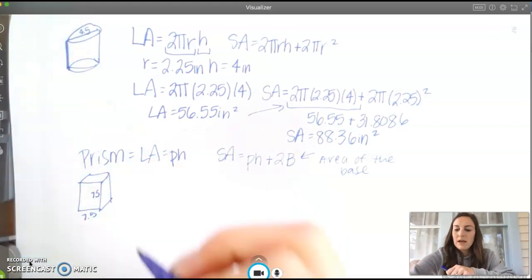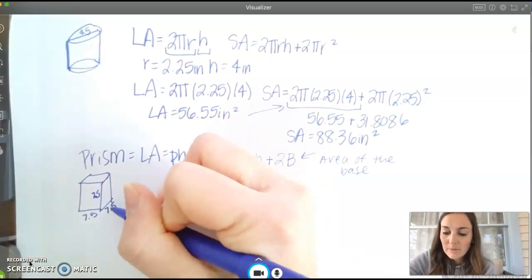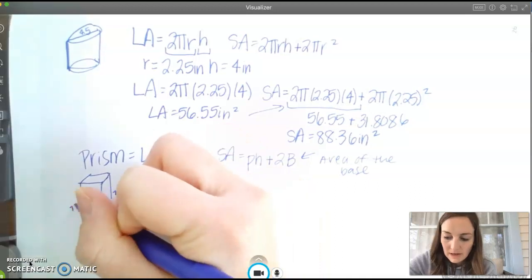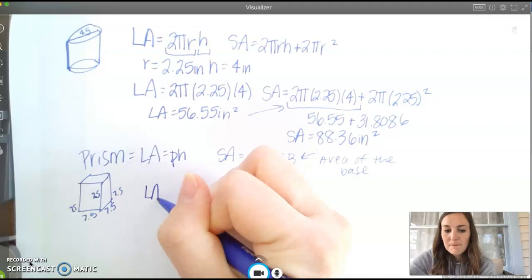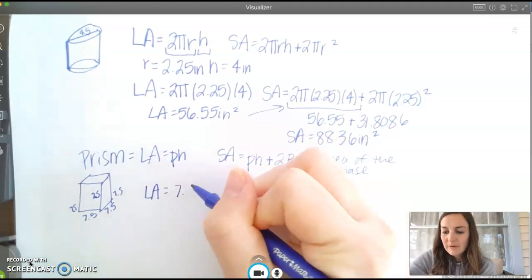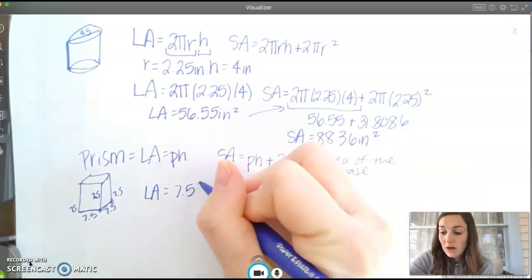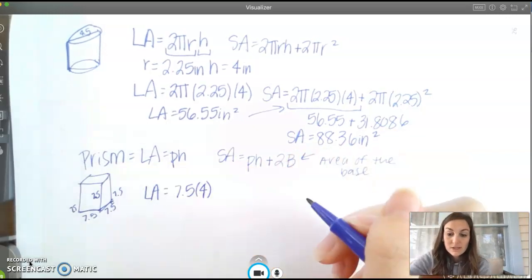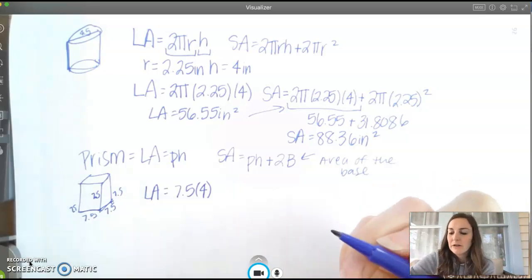So I need to find my lateral area first. So it's the perimeter of the base. So all of these are 7.5, 7.5, and 7.5. So my perimeter would be 7.5 times, well, there's going to be four sides of my base. If I had a pentagon, it would be 5. If I had a triangle, it would be 3.